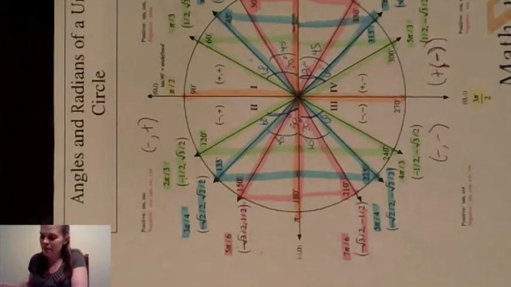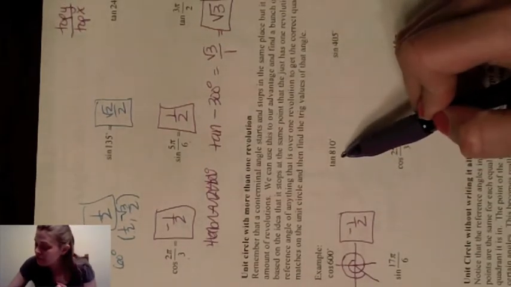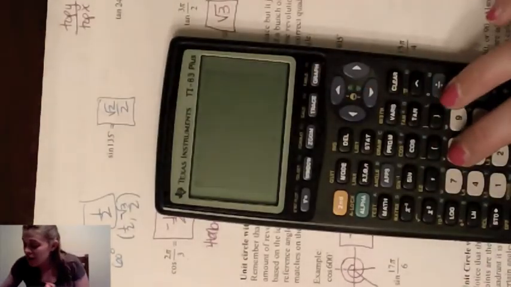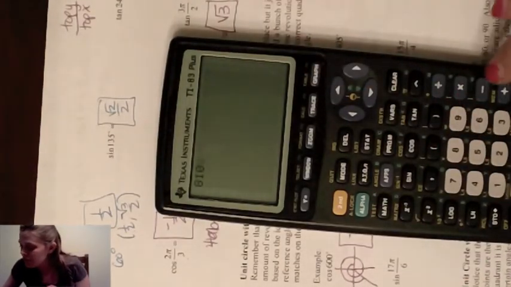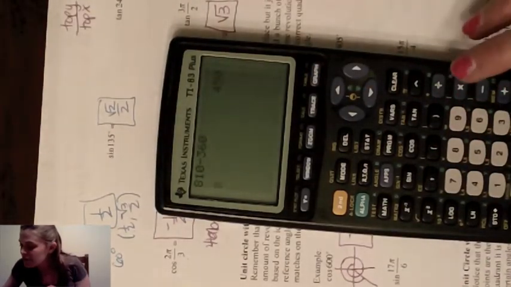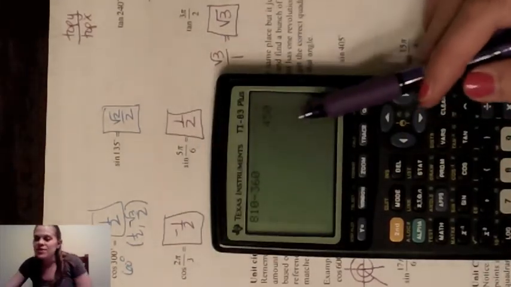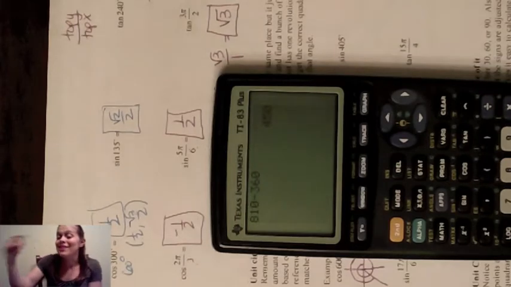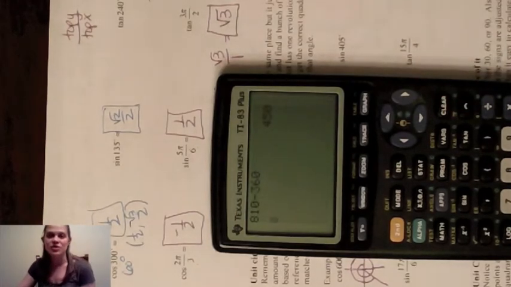If I want to look at the tangent of 810, I'm going to do 810 minus 360, sorry, I said it backwards. So 810 minus 360 gives you 450. Notice this is still over 360, so I'm going to subtract another revolution to get it between 0 and 360, so I know exactly what quadrant it's in.